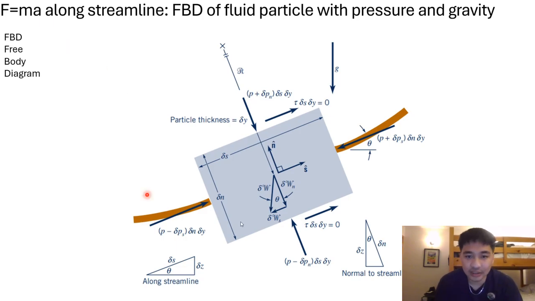Okay, so let's look at this free body diagram here. There is a lot going on, but we're going to take this step by step, and then walk through the equations. Right here in blue is the particle. Let's always start with the axes, because that's the easier way to go about it.